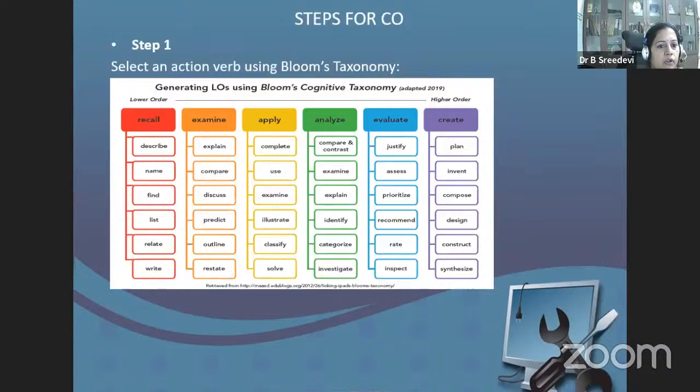It need not be from the lower order or the higher order. I can use describe, discuss, explain, assess or compose. It is up to you. The first word of your CO, whether CO1, CO2 or CO3, should be from this list.